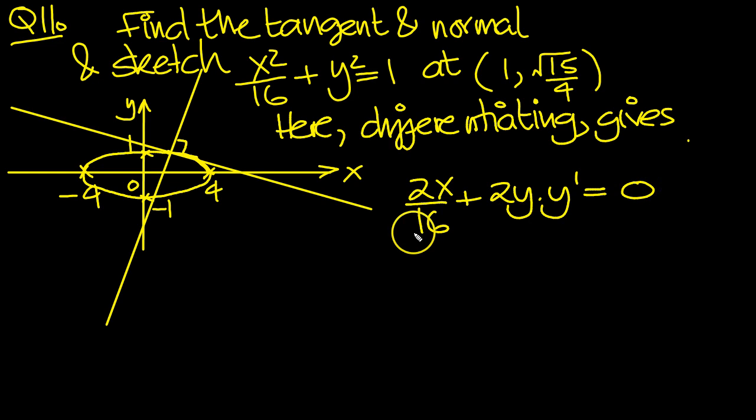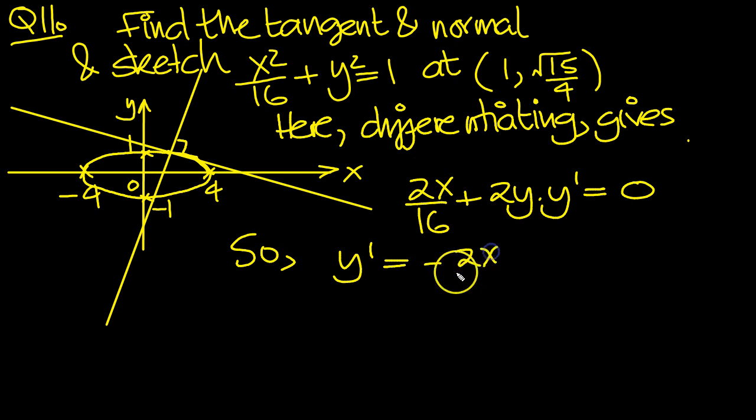The constant goes to 0, so y dashed is equal to minus this object. So in our mind's eye that's now over there, and then the 2y can come down to be underneath. Put a 1 on top and then 2y underneath, which is, minus, the 2s cancel, x over 16y.